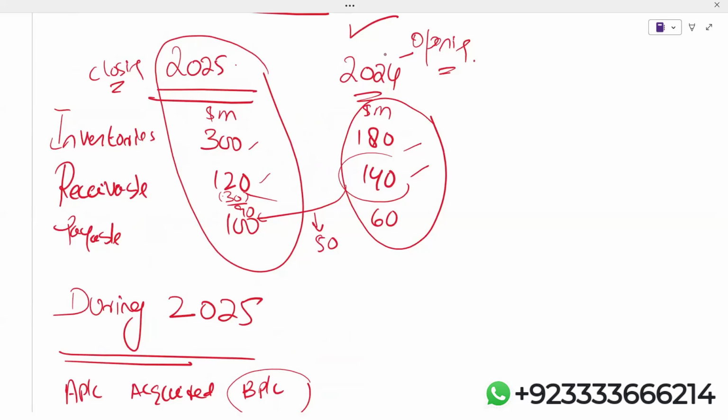So if I'm acquiring a subsidiary during the year, first I'll exclude the impact from the closing balances. If I'm selling the subsidiary during the year, then I will exclude the impact from the opening balances. Now another important concept which you need to understand.